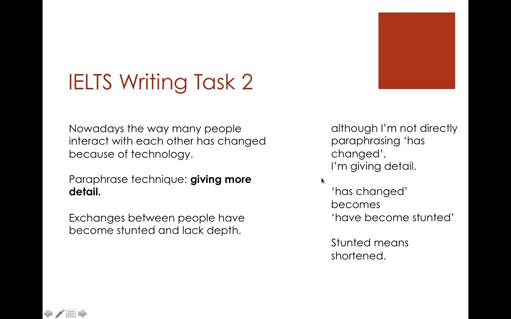So I'm giving more detail. So what you need to do in your essay, when you do your exam, is find the part of the question that doesn't have detail. Okay, and your job here is to explain why technology is responsible for this change. And that's what we would do in the paragraph.